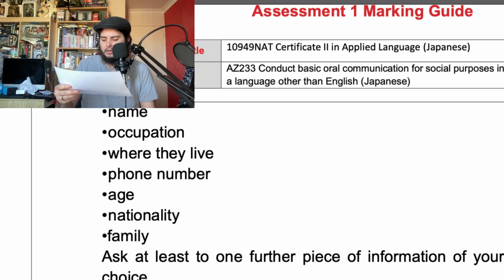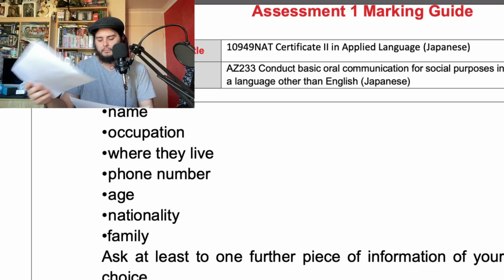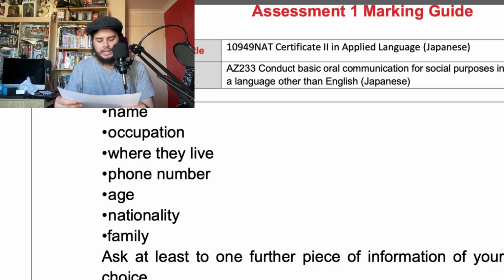I made a lot of similar mistakes in this segment, which my sensei was able to help correct and put me in the right direction, which I'm very thankful for. For what is your name, I put Anata no name wa nan desu ka? But my sensei helped me, and the correct way to ask what is your name is O-name wa nan desu ka? So I don't need the anata.